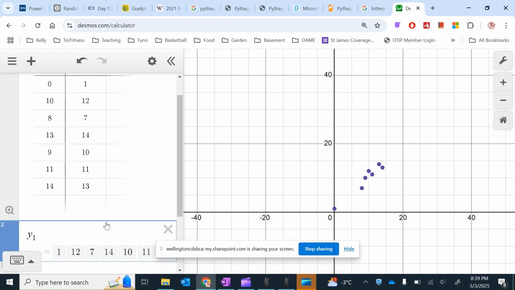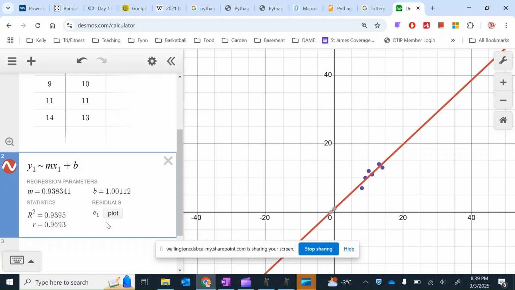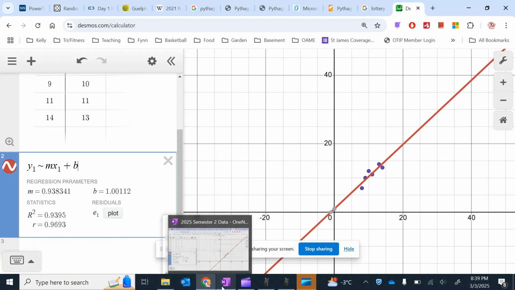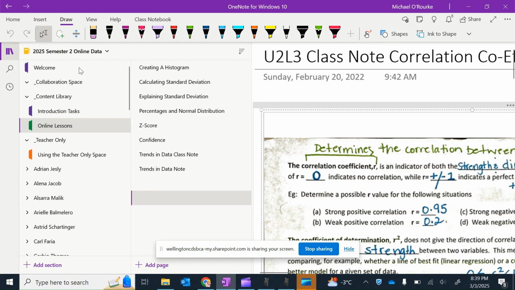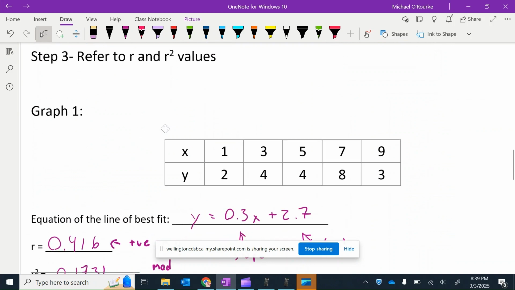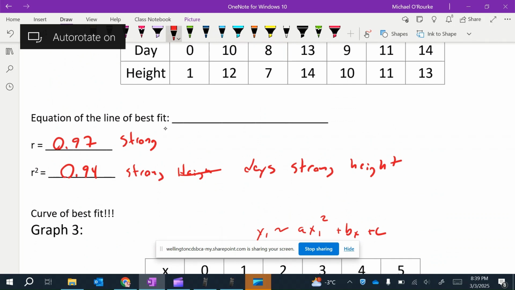I do my regression. Now, we can use this formula, 0.94 and 1. Let me go back here. This one here was y equals 0.94x.